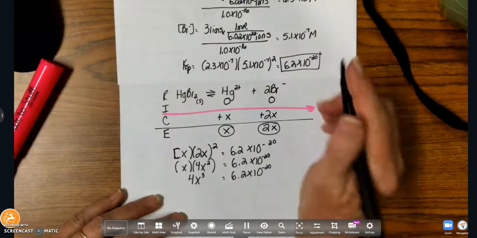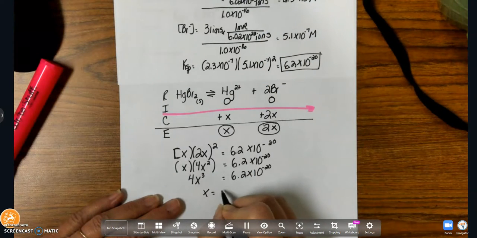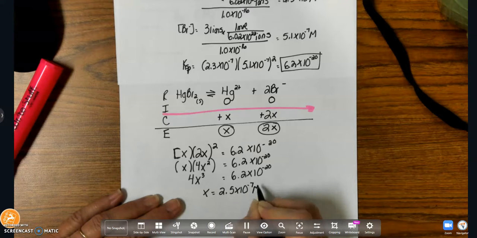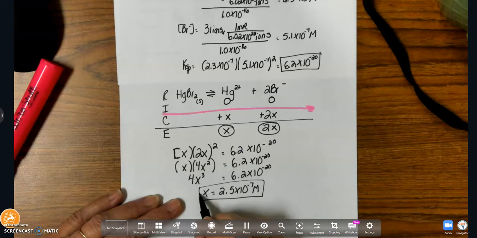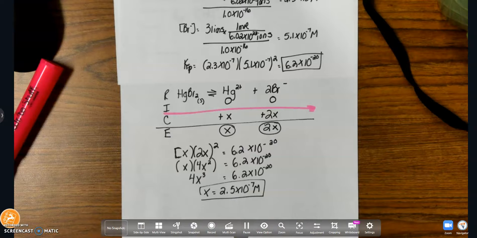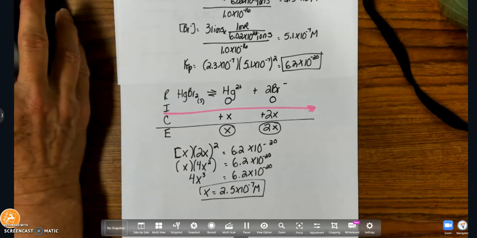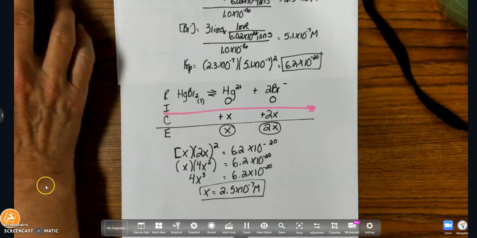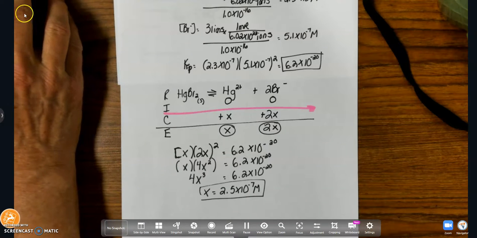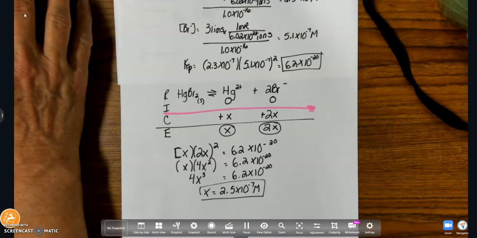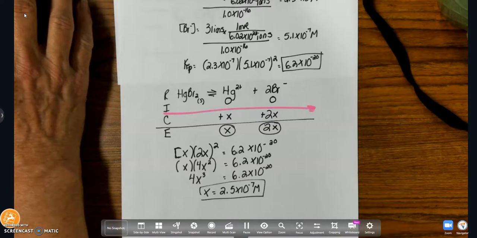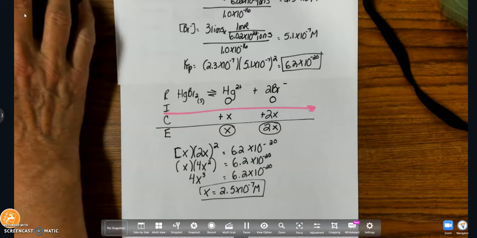And X is equal to 2.5 times 10 to the minus 7 molar. That is my molar solubility. So watch out for those cubes and all that. Make sure you know how to do that on your calculator, because you will have to do that for these. All right, so now you've got many examples to work on, and if you have any questions, just let me know.